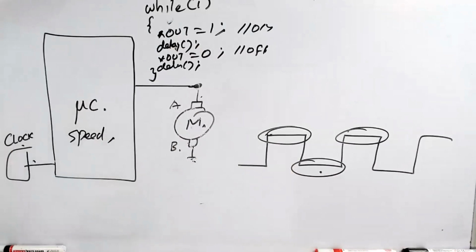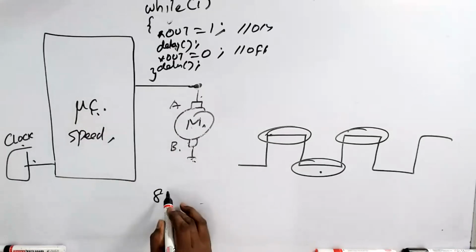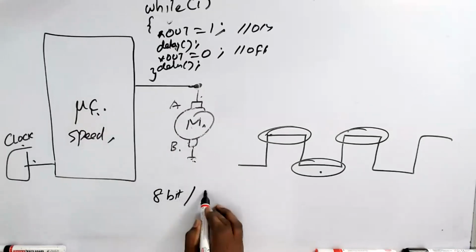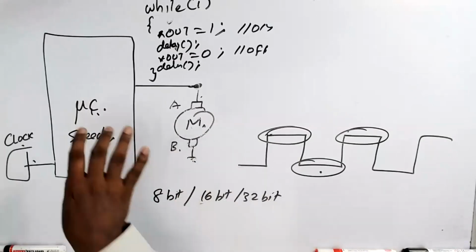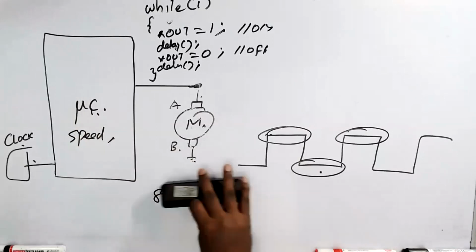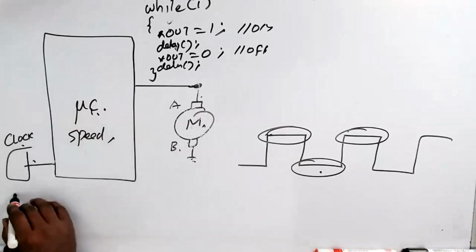That is one. The second thing is whether your microcontroller is 8-bit, 16-bit or 32-bit. That decides the performance, how fast it is. But we are using 8-bit, and let us assume a clock of 20 megahertz.